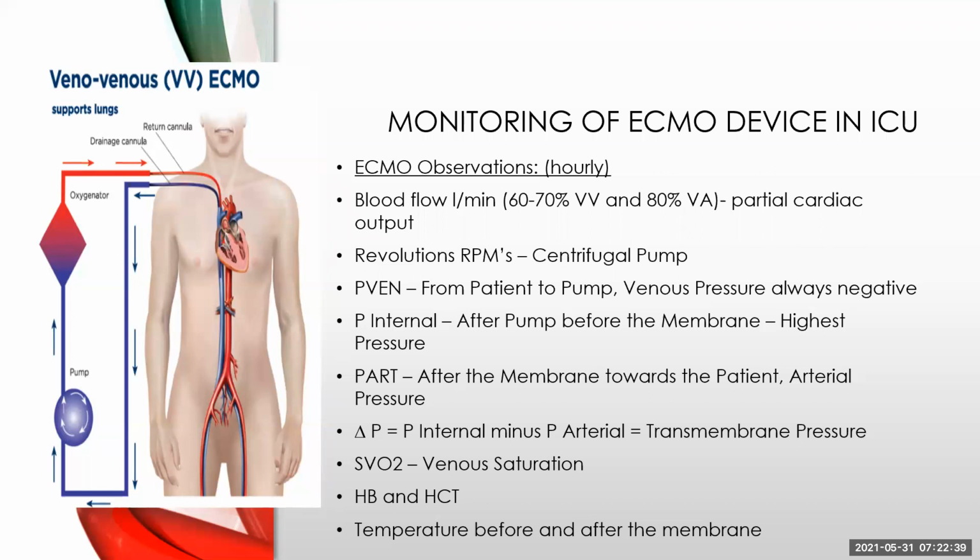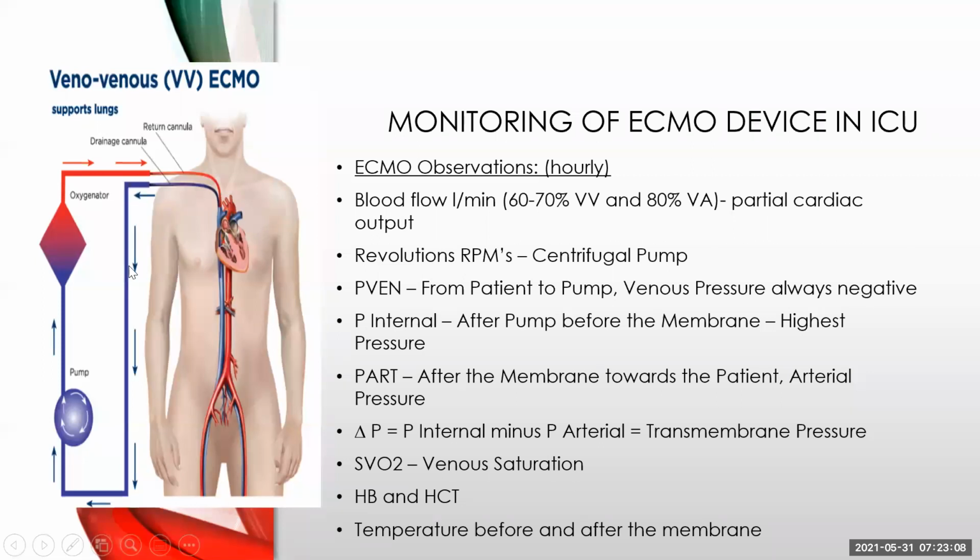That's also called the RPMs, and this is maintained by your centrifugal pump. So if you look at the picture at the side, we will drain. We will always pull the blood out from the inferior vena cava, or in this case, they're using the internal jugular going into the superior vena cava, and this is central cannulation.